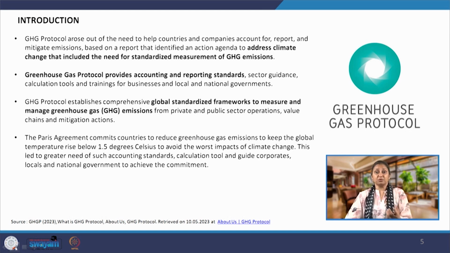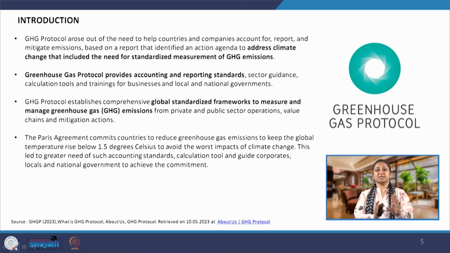So, there has to be certain standardization of measurement, standardization of the procedure, and that is where the need for a protocol arose and the GHG protocol came into existence. So, what does it provide? It basically provides accounting and reporting standards. What we have agreed so far is that we have to reduce GHG emissions.